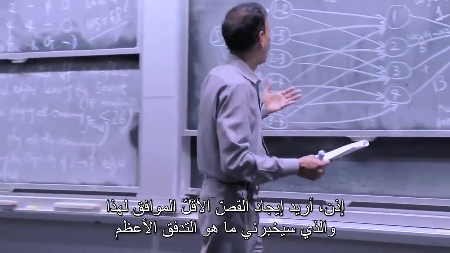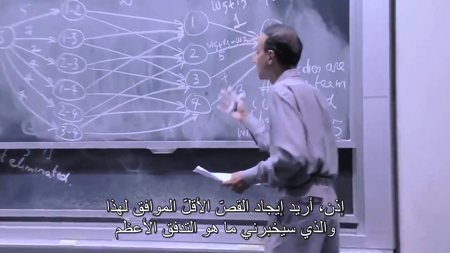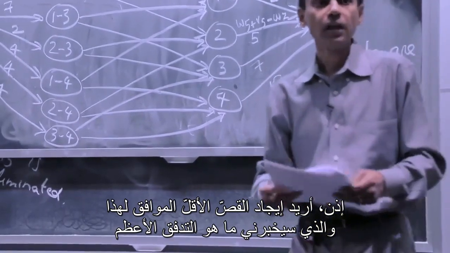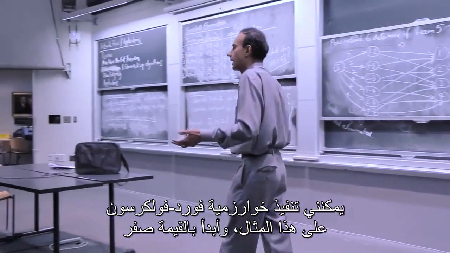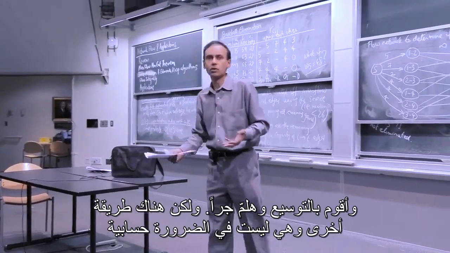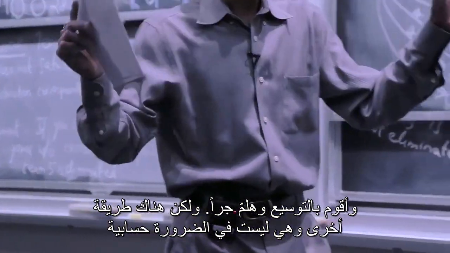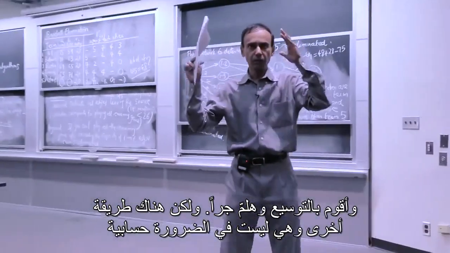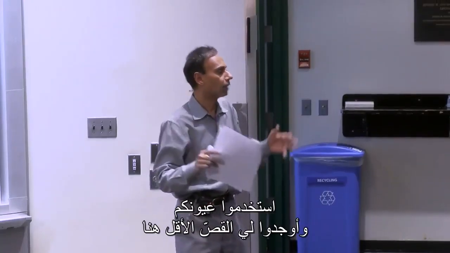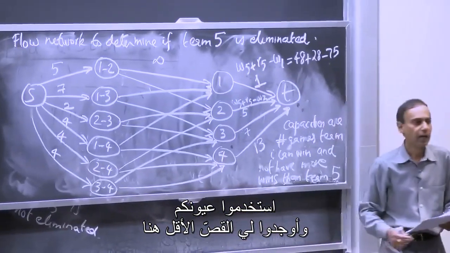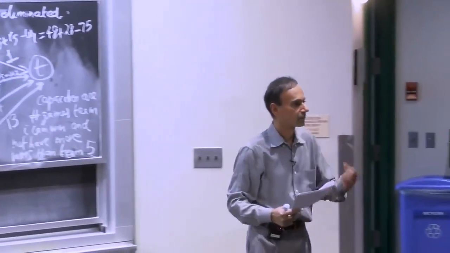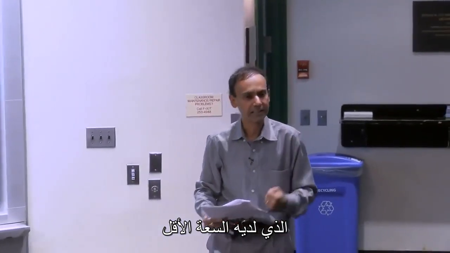So I want to find the min cut corresponding to this, which is going to tell me what the max flow is. I mean, I could go run Ford-Fulkerson on this and start with 0 and augment and so on and so forth, but there's another way which is not necessarily algorithmic, but eyeballs. Use your eyeballs and find me the min cut here, which has the minimum capacity, right?